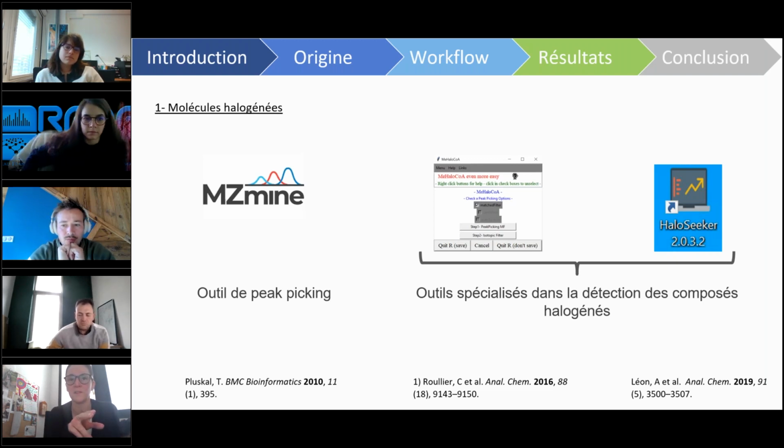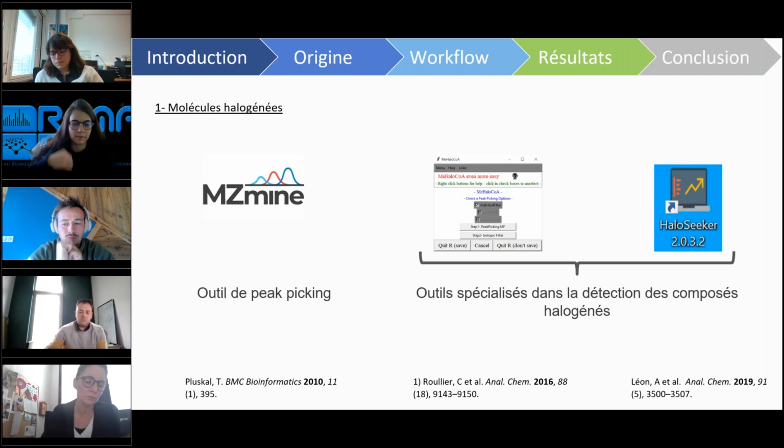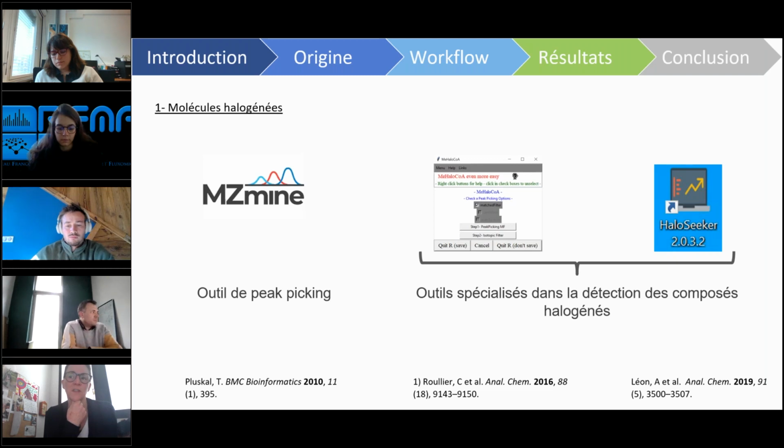But we also investigated the use of MZMine, which is more a peak-picking tool, but you can still find the isotopes and try to find if you have typical patterns of halogenated compounds. So we compared. In fact, we could see that they're not giving all the same results. And from those different tools, we were able to find different families of halogenated compounds.